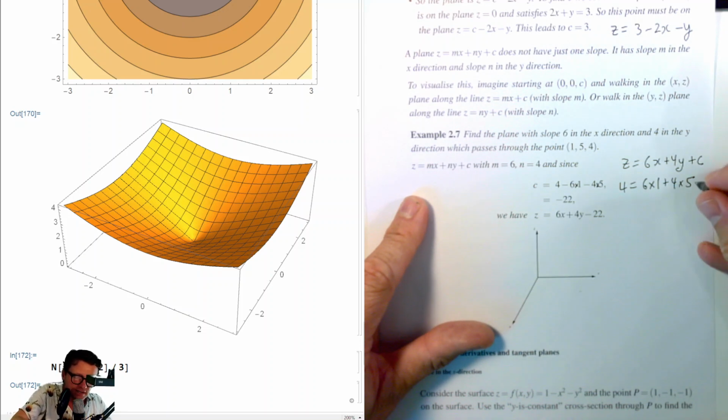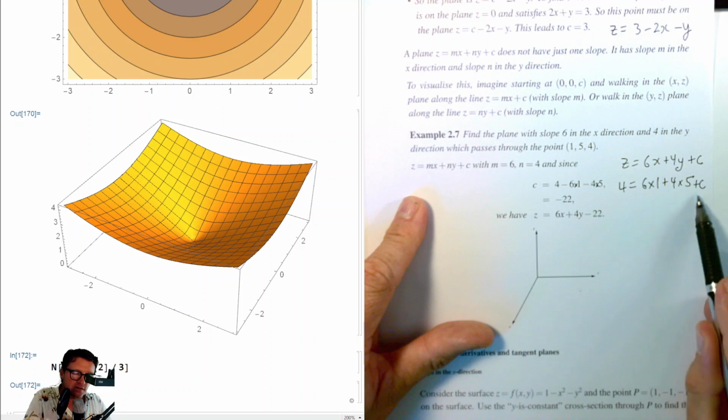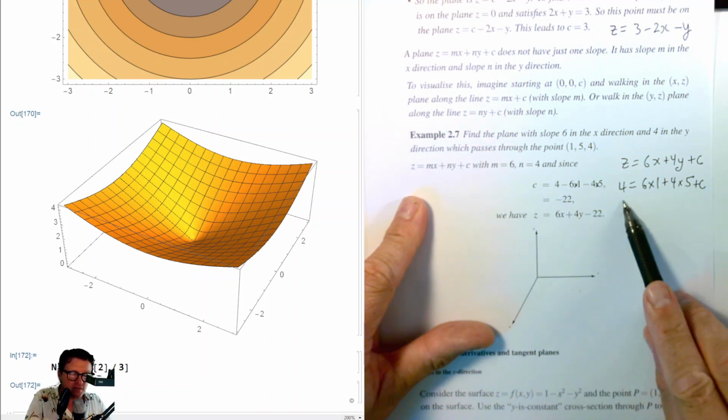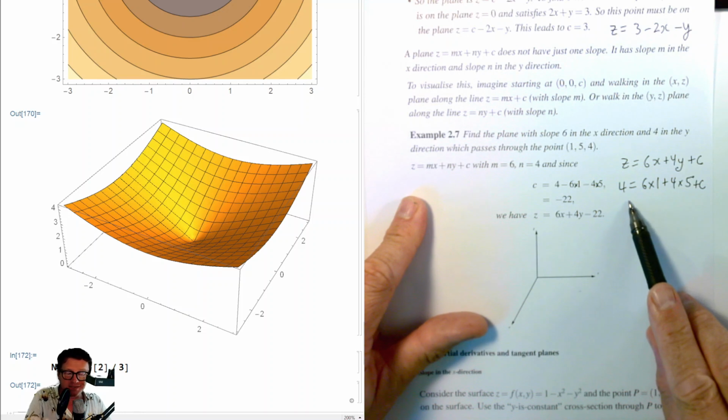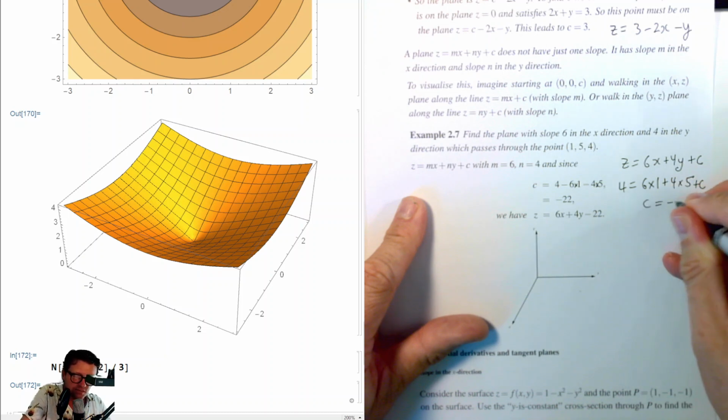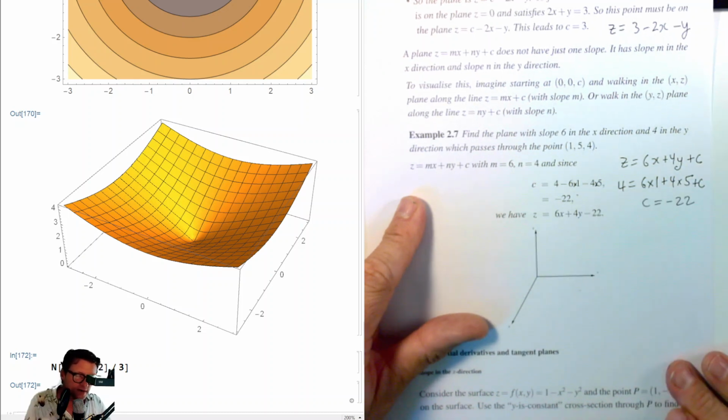Okay, good. So then plus c. Solving this for c, on the right-hand side we've got 26 plus c, and 4 on the left-hand side. So 4 minus 26 is minus 22. Okay, so c equals minus 22, just as we have there.